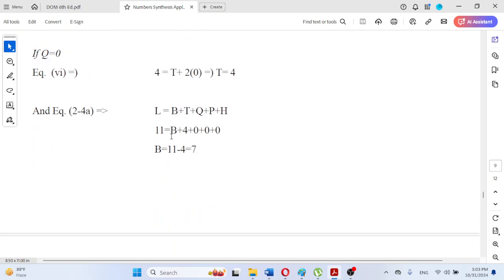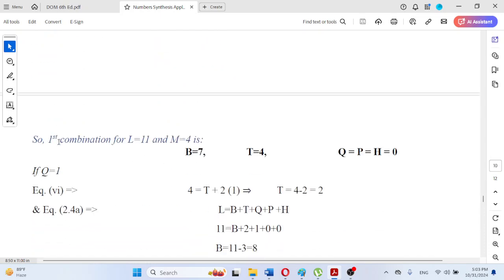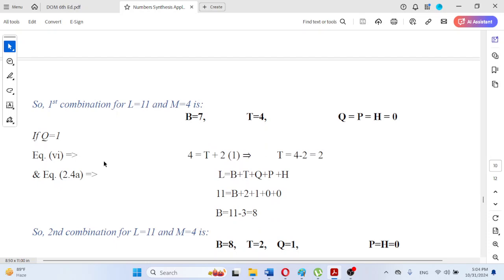So the other equation will be giving that total number of links are 11. So ternary links are 4. So 11 minus 4, binary links will be 7. So the first combination for L is equal to 11 and M is equal to 4 will be 7 binary links, 4 ternary links, and quaternary, pentagonal and hexagonal links all will be 0. So the first combination has been obtained.